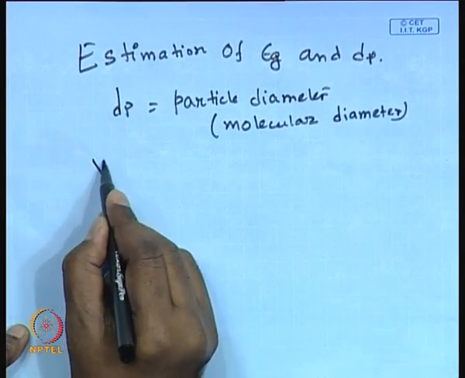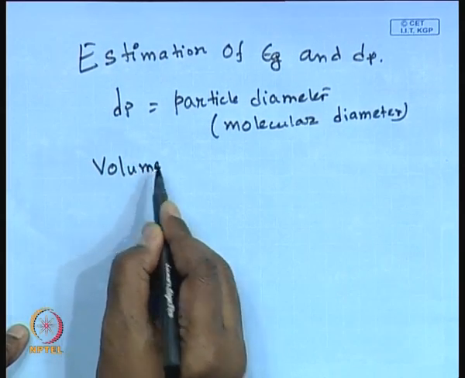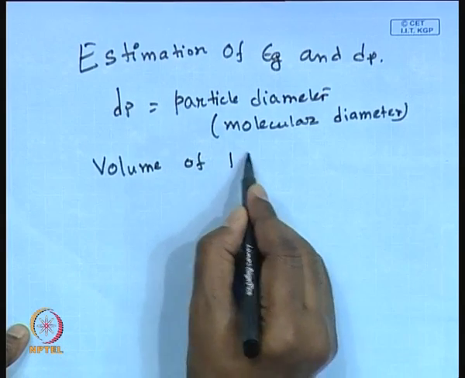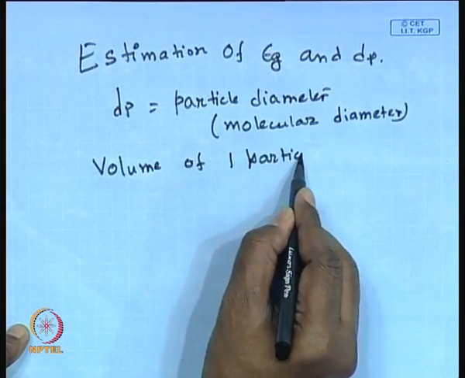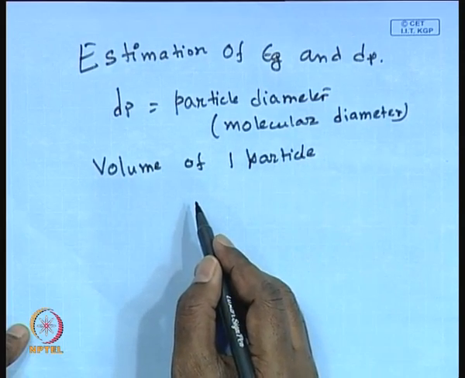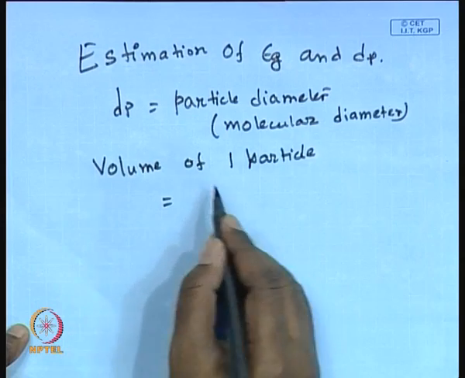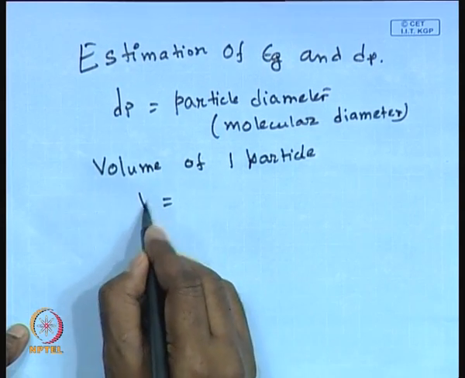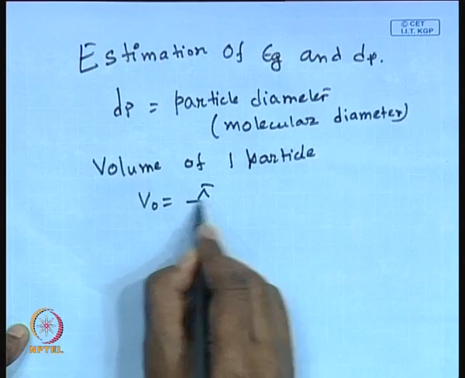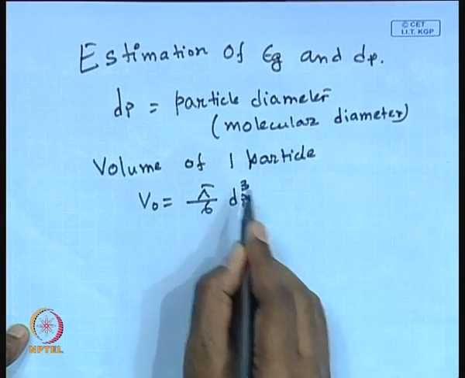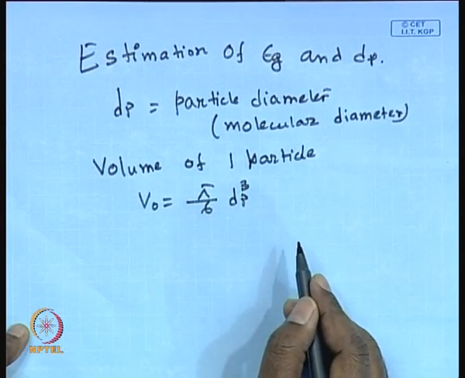So, volume of one molecule or one particle is what? And we consider it is a spherical particle. Okay, that is the easiest way to start with. Volume of one particle will be nothing but V naught is pi by 6 dP cube, 4/3 pi r cube or pi by 6 dP cube.